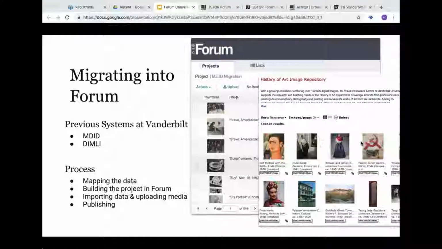Since we're anticipating two migrations in the end, we said from the beginning that we're going to import all of this MDID data as well as we can initially, and then leave it alone. There was not a lot of sense in our minds in doing a ton of post-migration cleanup work on this data if we plan to replace it with the richer DIMLY data in the future.